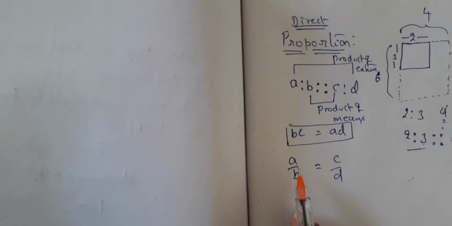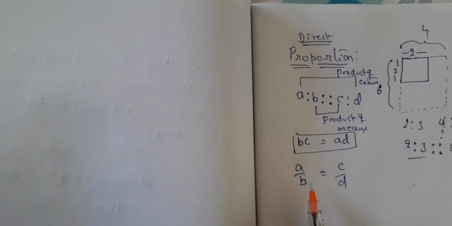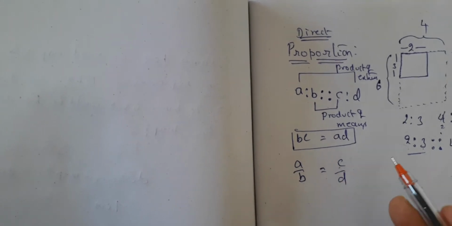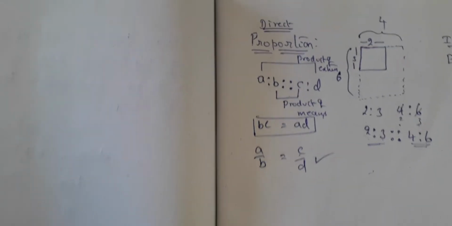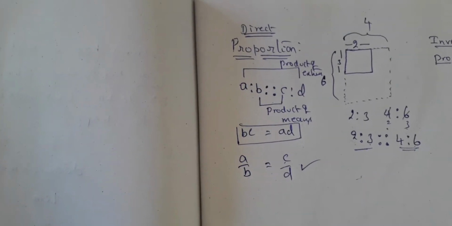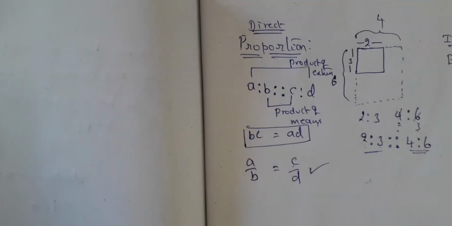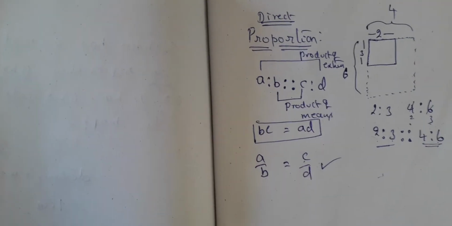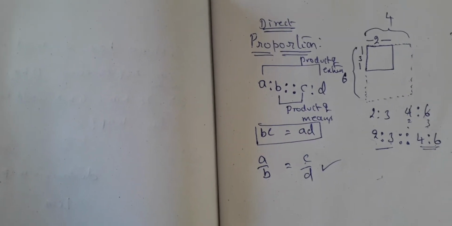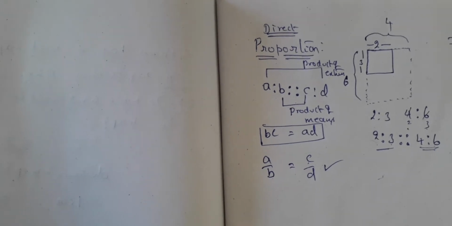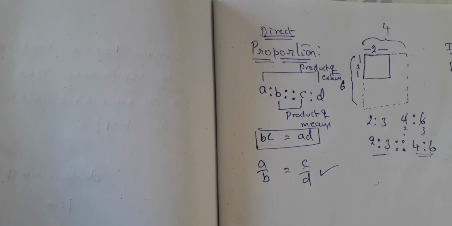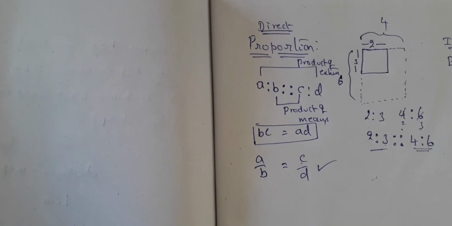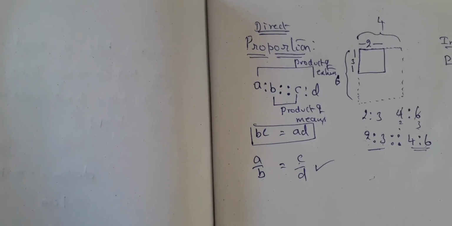Now see, cross multiplication: A into D is equal to B into C. Is it not? So what we understood is absolutely right. So therefore, whenever a direct proportion is given to us, it is very easy for us to find out the unknown quantities or the ratio of unknown quantities. Okay, so this is how we have it in the case of direct proportion.